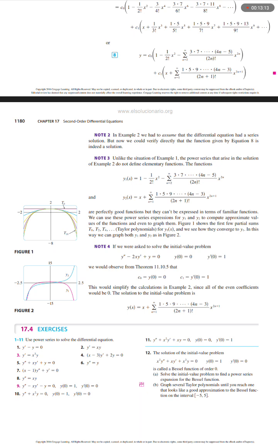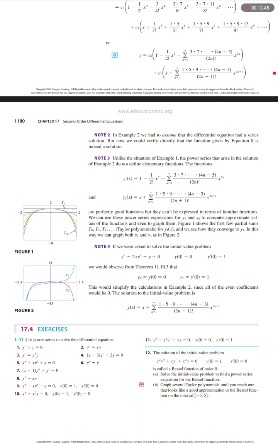This would simplify the calculations in example 2, since all of the even coefficients would be 0. The solution to the initial value problem is y of x equals x plus the sum from n equals 1 to infinity of 1 times 5 times 9 times ellipsis times (4n minus 3) over (2n plus 1) factorial x to the power 2n plus 1.